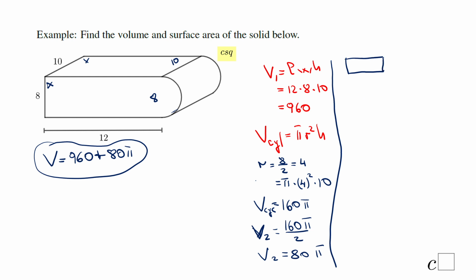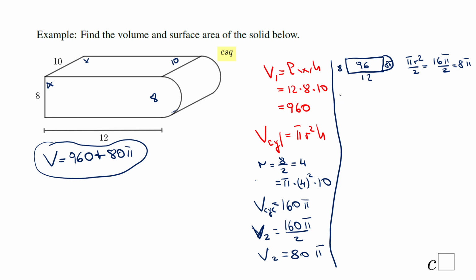A rectangle and half of the circle. So the rectangle is 8 by 12, which will be 96. The half of the circle, we're gonna have pi r square divided by 2, right? And the radius, if you remember, is 4, so it's gonna be 16 pi over 2, which will be 8 pi.